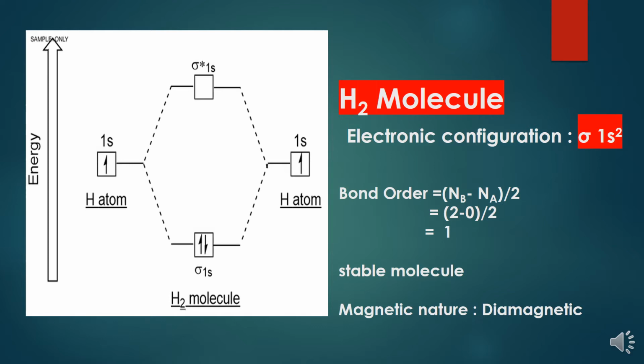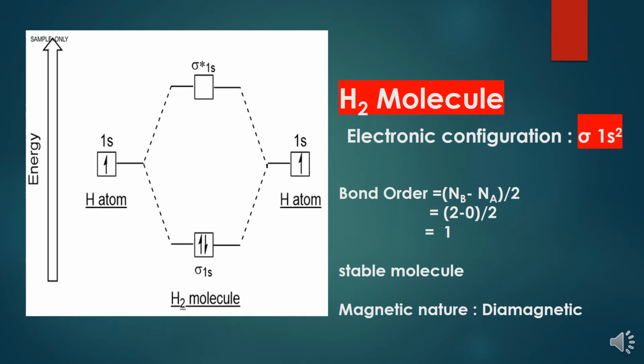While filling the two electrons of the hydrogen molecule, you need to follow all the rules which we apply while writing electronic configuration or filling atomic orbitals. So sigma 1s, being lowest in energy, will be filled first with one electron, then the second electron will also enter sigma 1s, as one orbital can have a maximum of two electrons.